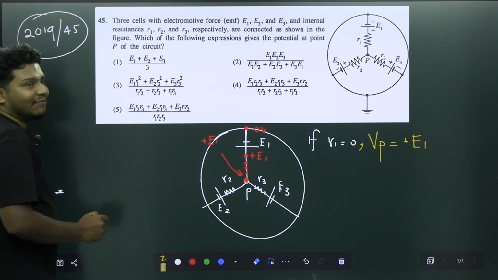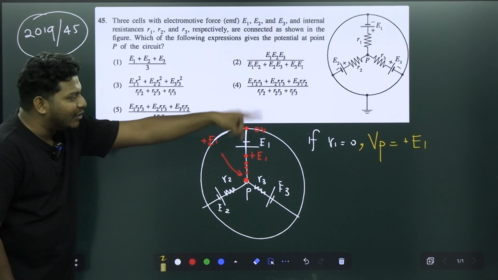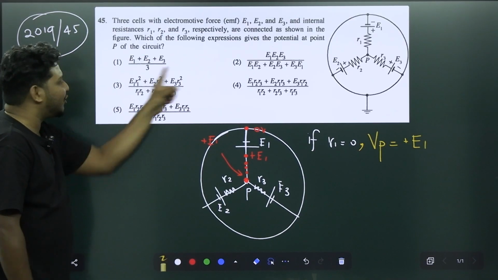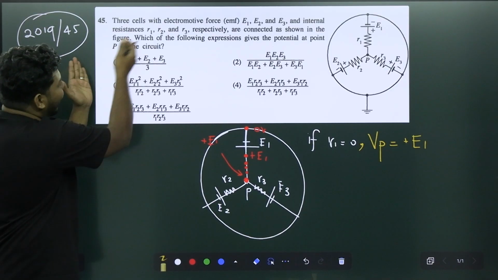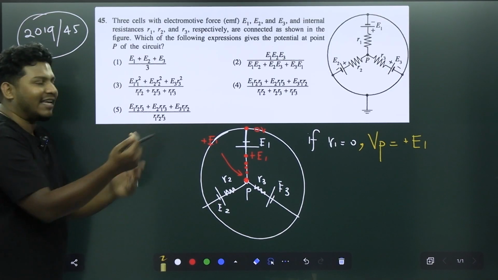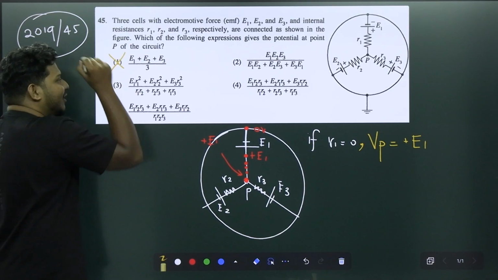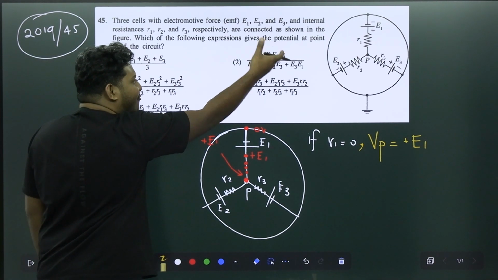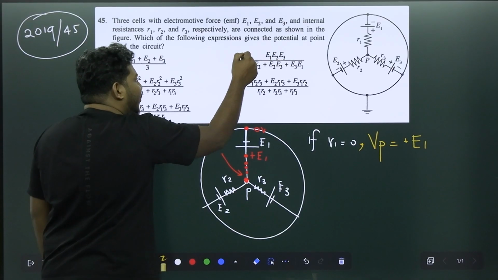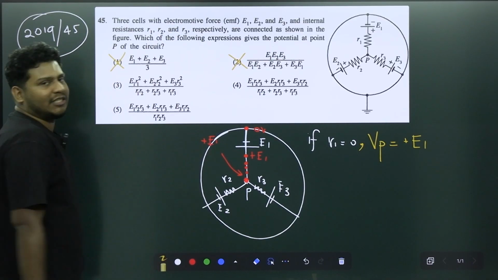So look at the first one. If R1 is equal to 0, the voltage should be plus E1. There is no R1 to substitute here, so this is not possible. This answer also has no R1 to substitute, so this is also not possible.